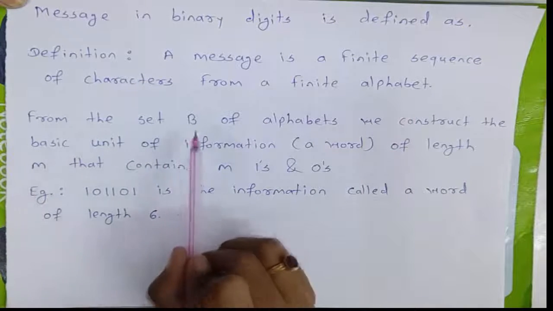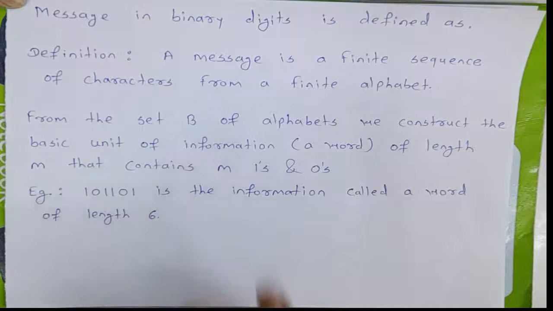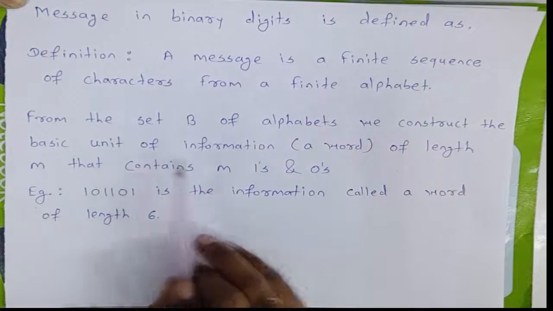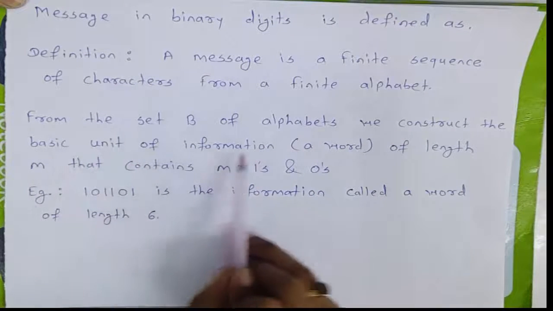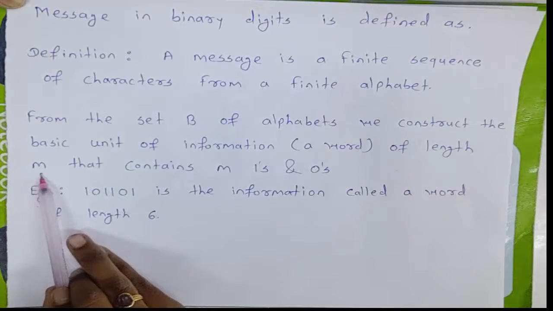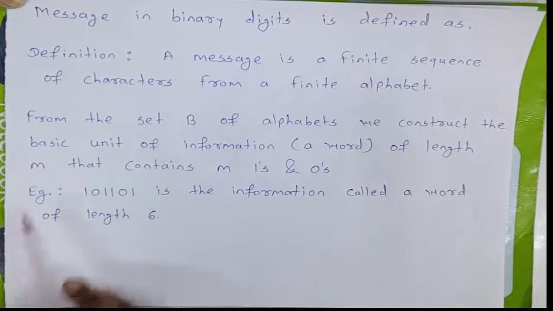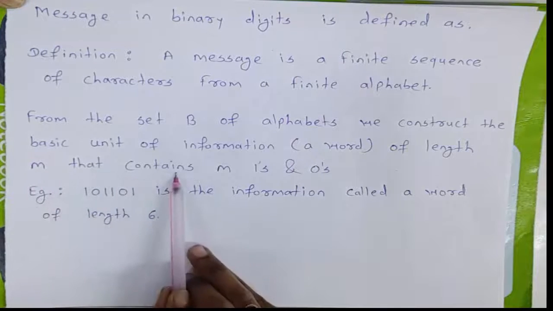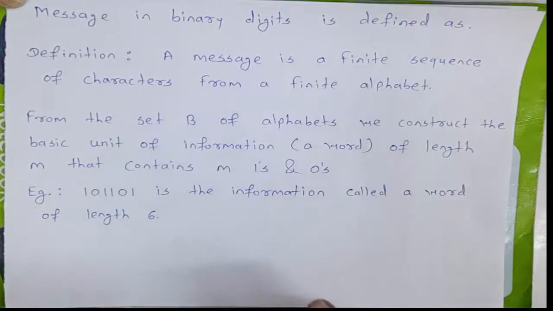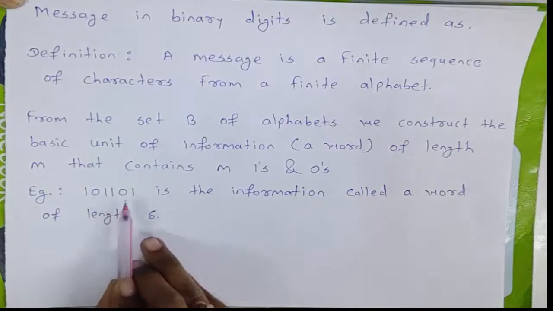From the set B, which contains two alphabets 0 and 1, we construct the basic unit of information. This basic unit of information is nothing but a word of length m, that contains m ones and zeros. For example, 1 0 1 1 0 1.